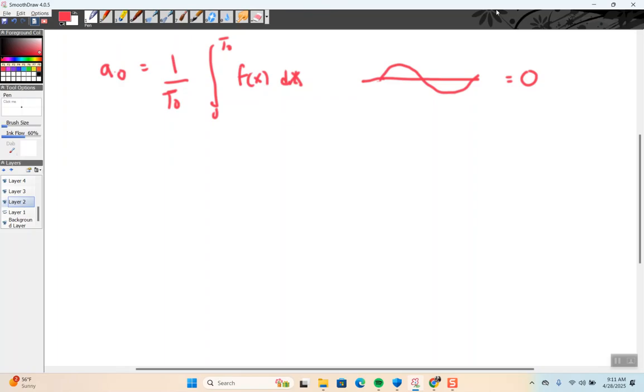Now, does this look at all familiar to you? You've got to speak up. Yeah, the RMS equation, right? Except, what's the RMS of a sine wave? Listen, just shout it out because you know it. You just lost your confidence.